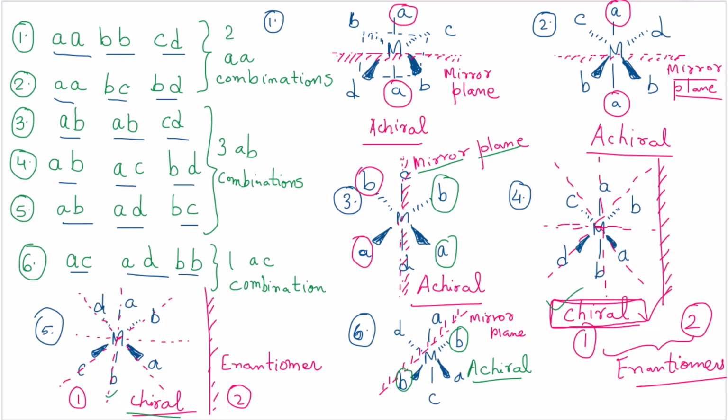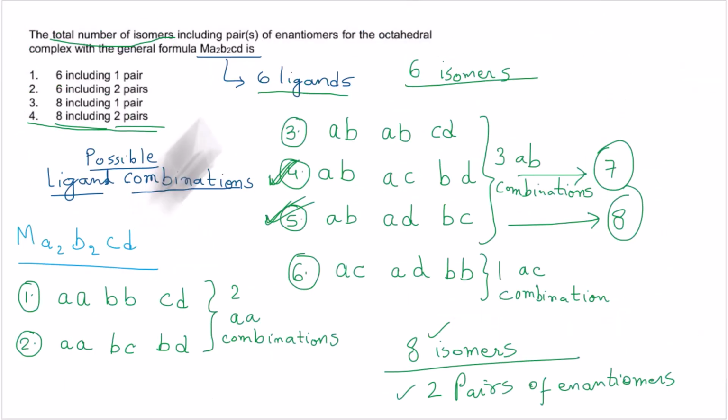So all of these we have to take into account, and then we can easily understand the number of isomers and the enantiomers. Please do practice the possible ligand combinations, which will be helpful for you to answer such types of questions. So I hope this explanation was clear and helpful.